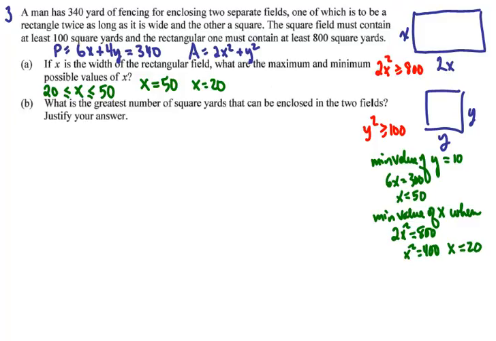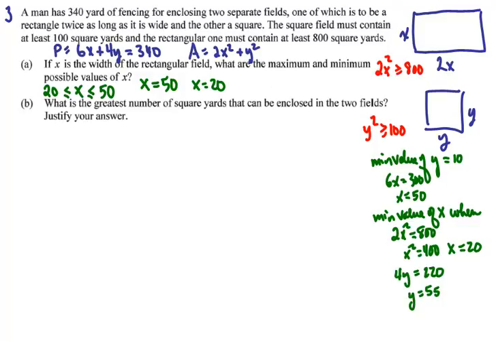Now when x is equal to 20, that's going to give a perimeter of 6 times 20, which is 120 for the rectangular field, and 340 minus 120 leaves 220 for the square field.